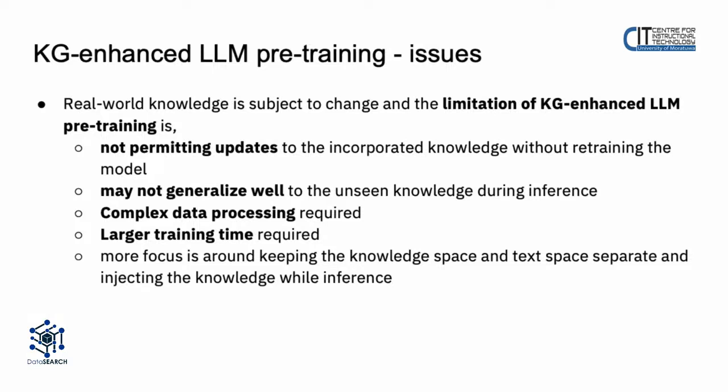And the other problem is maybe they do not generalize very well during the inference stage, because when we do a prediction, we don't know what context it's using, whether it's using a text context or a context from the knowledge graph. We don't know that, and we can't quantify that. So that's one issue when we use this in pre-training.